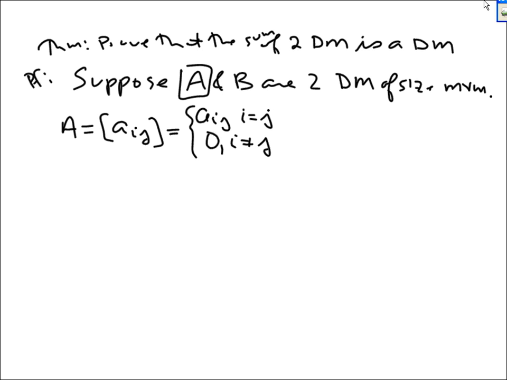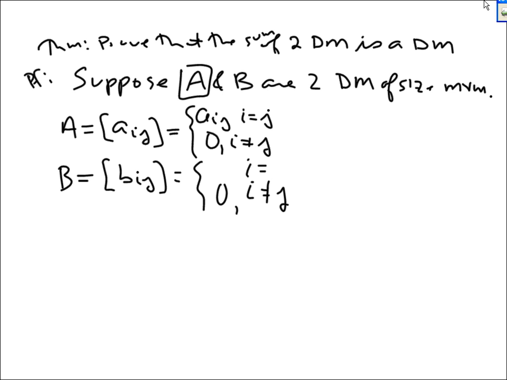When i is j, when I'm on the diagonal, I have no idea of the entries of A on the diagonal. Matrix B, which we denote by little bij, same story. If i is not j, bij is 0. But if i is j, it's just bij. That's the best I can say.